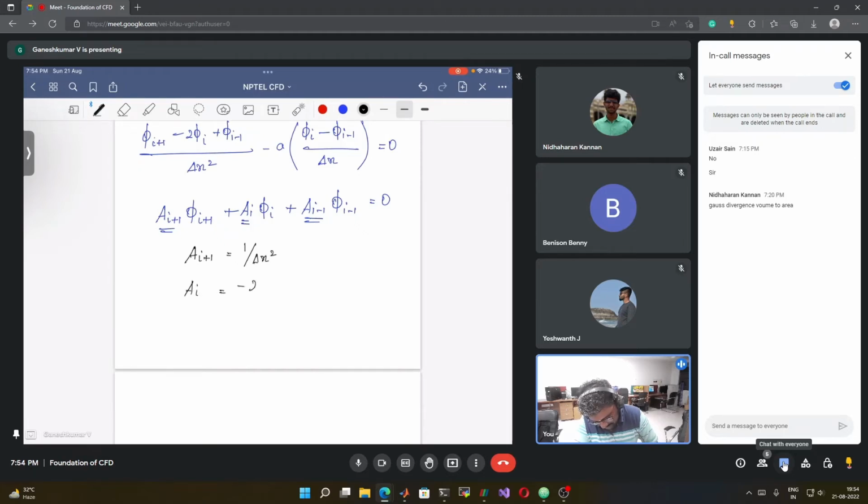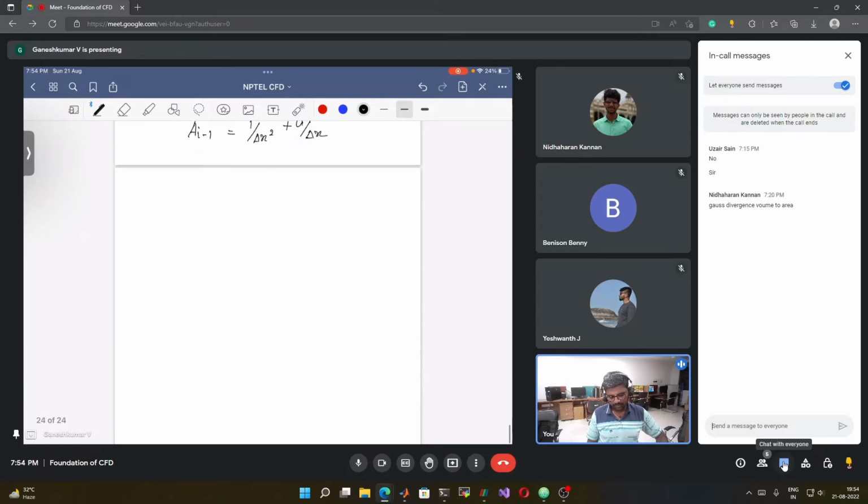AI will have 2 by delta x square minus a by delta x, right? Similarly we have AI minus 1, which would be 1 by delta x square plus a by delta x, right? Since a is going to be constant, the coefficients will be constant for all the three sets of equations.